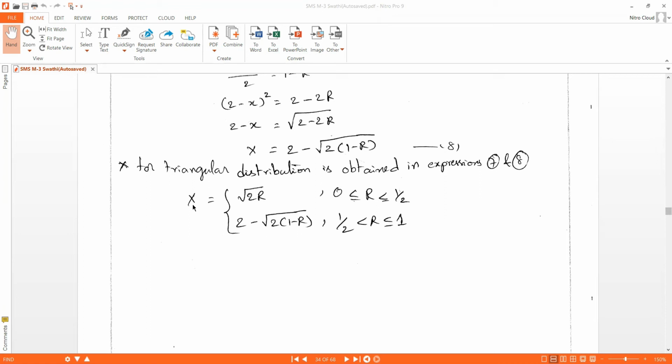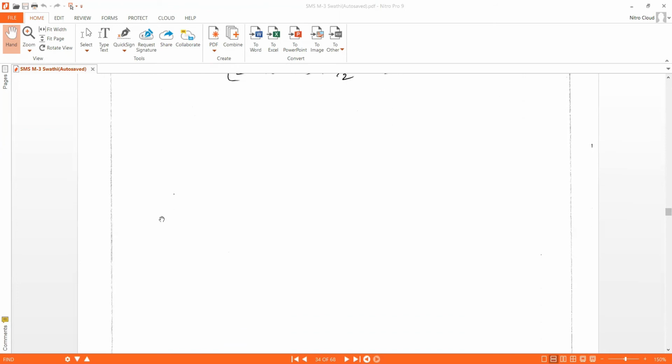And then x will be x equal to 2 minus square root of 2 into 1 minus r if 1 by 2 less than r less than or equal to 1. Okay, if the r is in between 1 by 2 and 1, x is equal to 2 minus square root of 2 into 1 minus r. Understood this? This is triangular distribution.